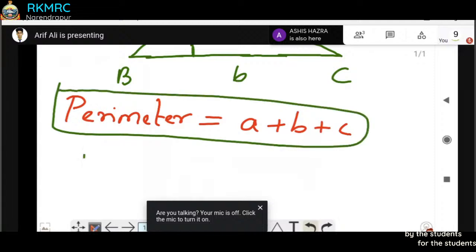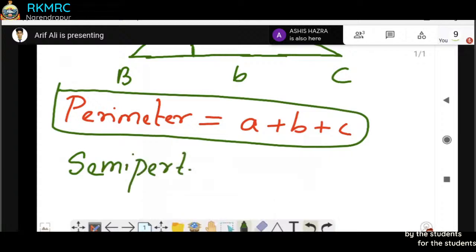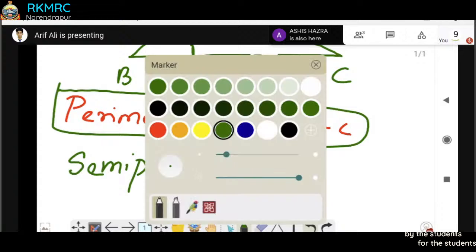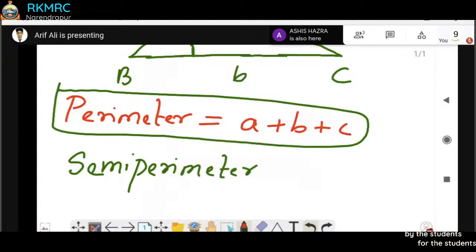Now comes semi-perimeter. Semi means half. So half of the perimeter.